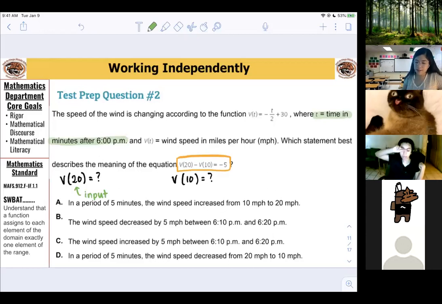Because T is the time in minutes after 6 p.m., if T is 20, then it's been 20 minutes. That means that right now it is 6:20 p.m.